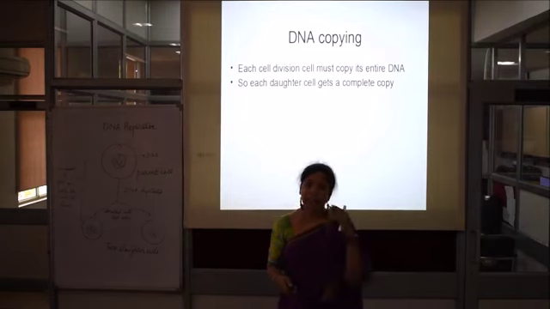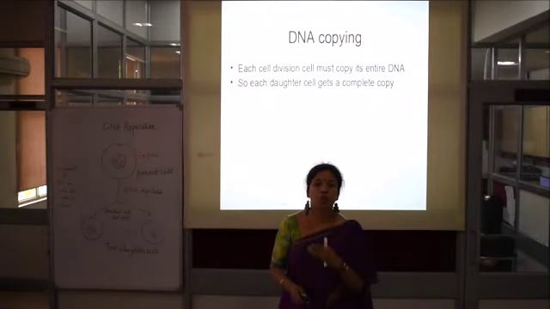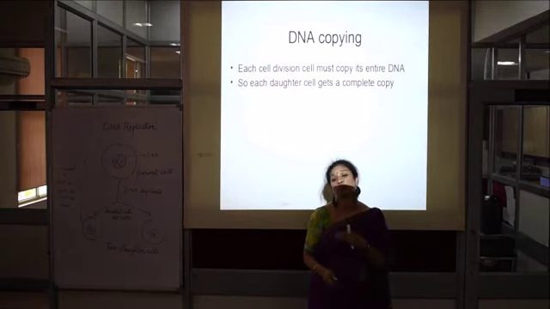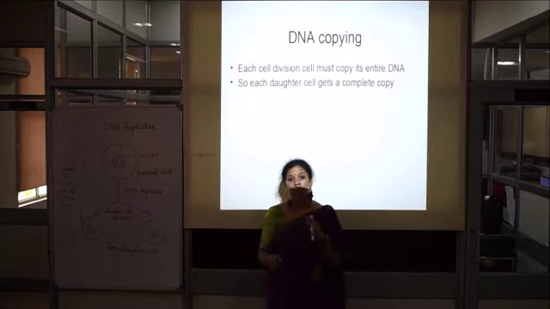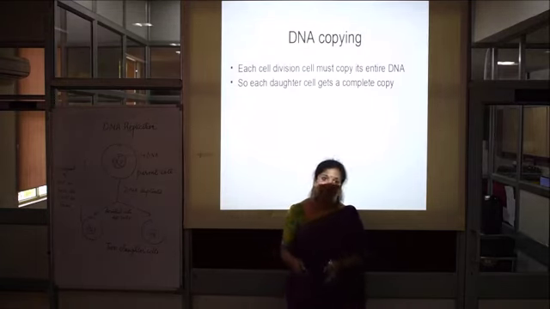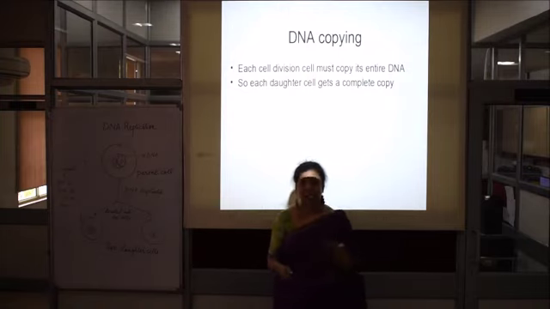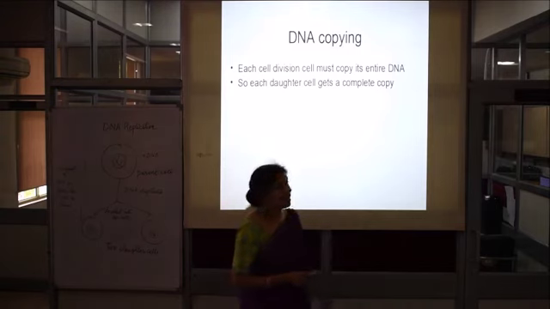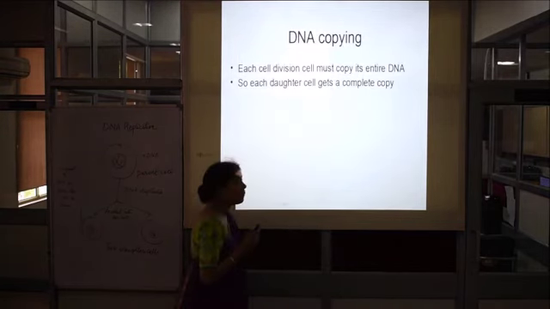That means if there are 23 pairs of chromosomes, each chromosome has to duplicate, and then the duplicated copies and the initial copy of this DNA are distributed equally into two daughter cells, confirming that they get a complete copy of genes.